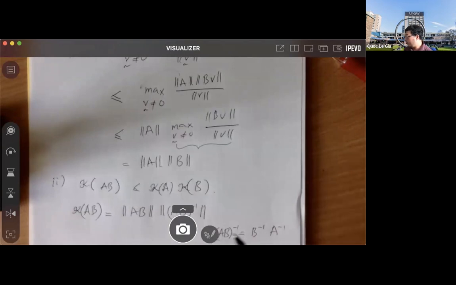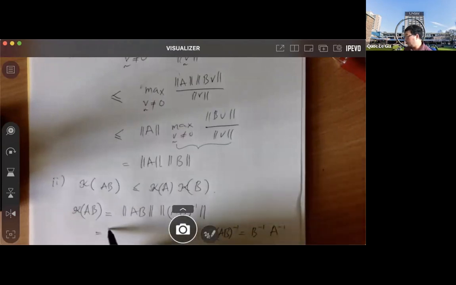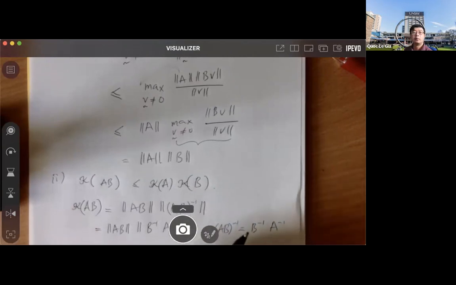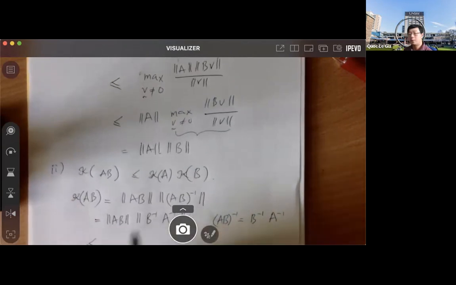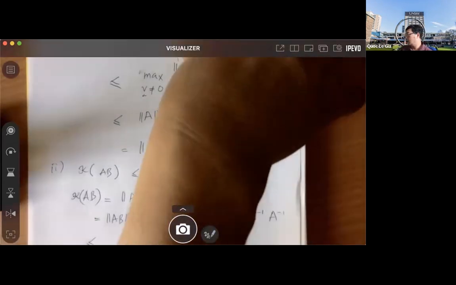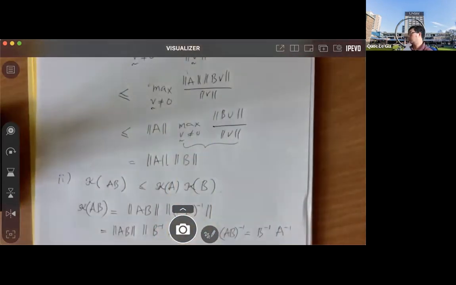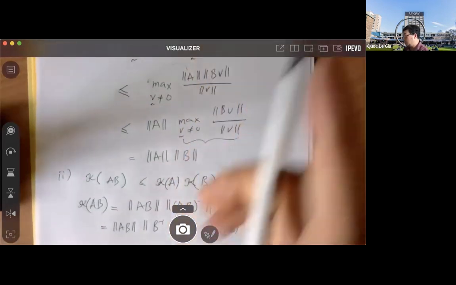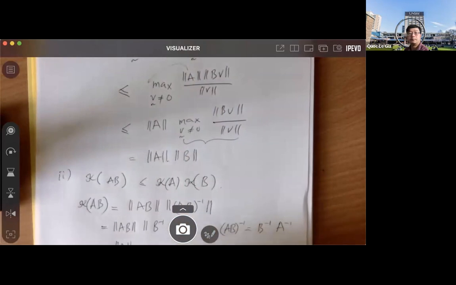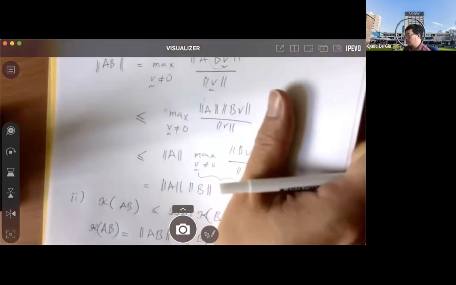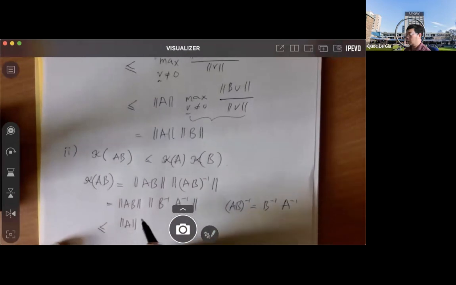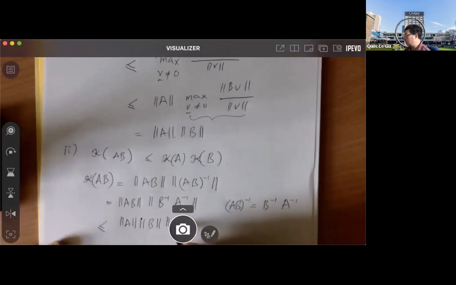So then this becomes the norm of AB times the norm of B inverse A inverse. And now we just apply what we just proved. The norm of AB is less than or equal to the product of the two norms, the norm of A times the norm of B, and this is the product of the norm of B inverse times the norm of A inverse.